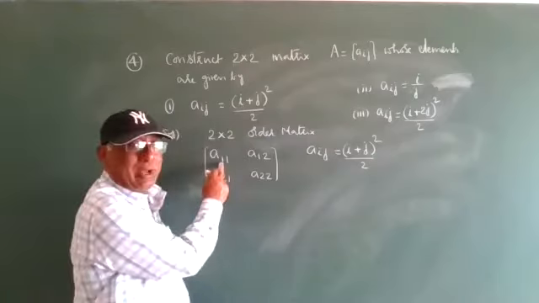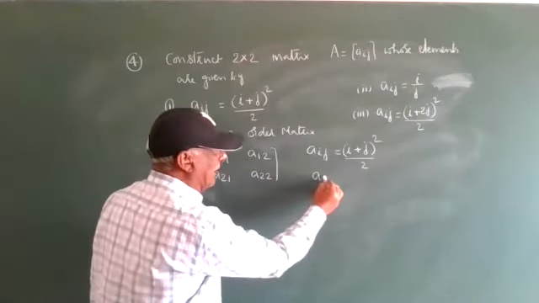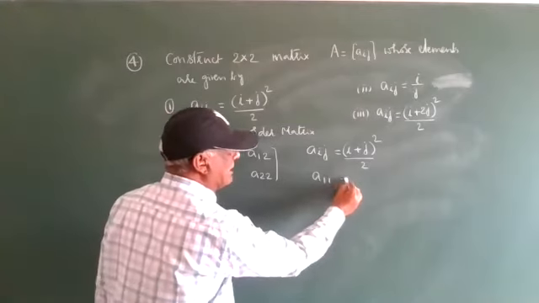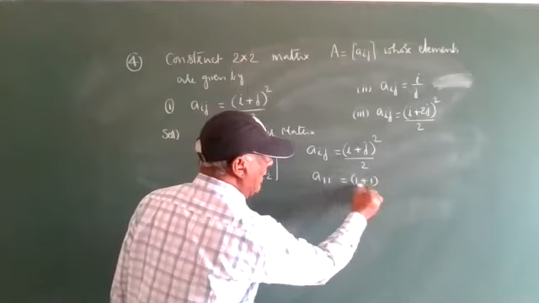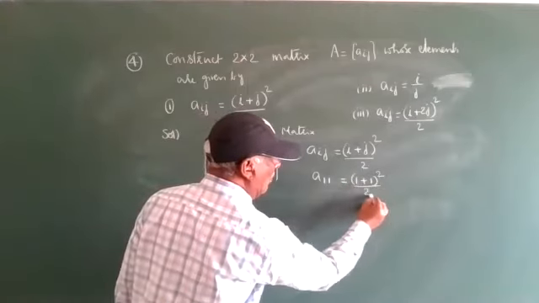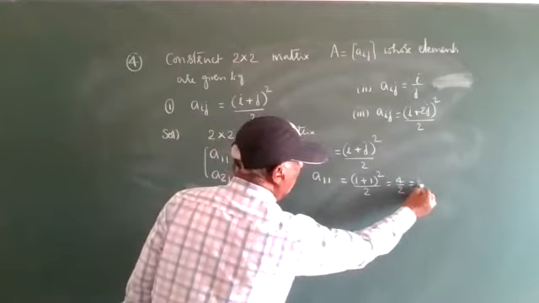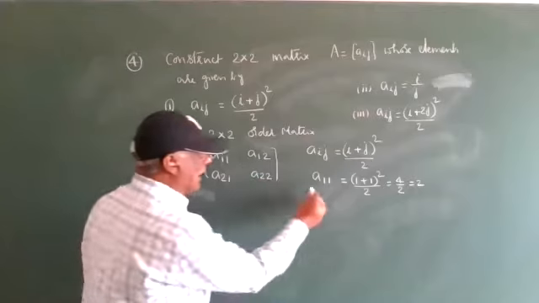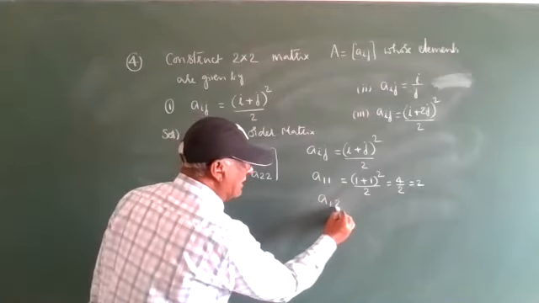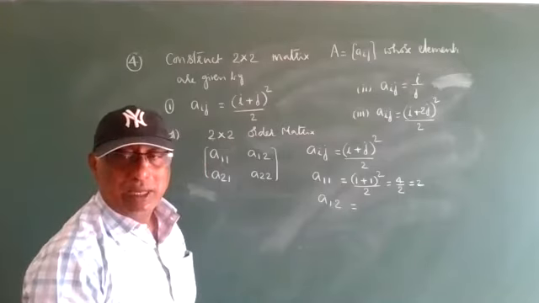First A11: i is 1, j is 1, so (1 plus 1) square upon 2. Its value is 4 by 2, which means 2. A11 value is 2. Next A12: i is 1, j is 2.